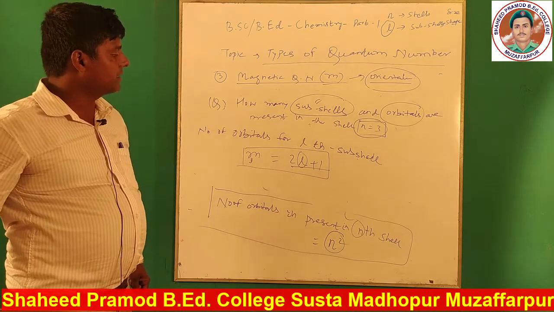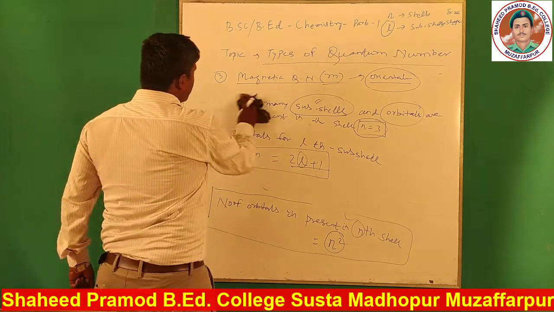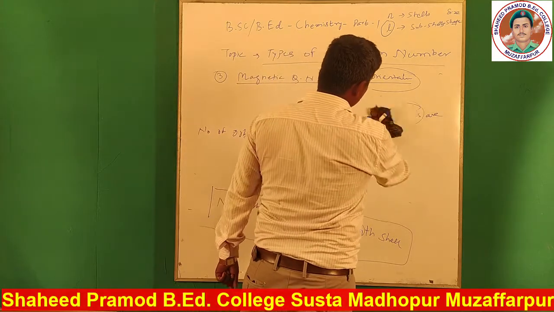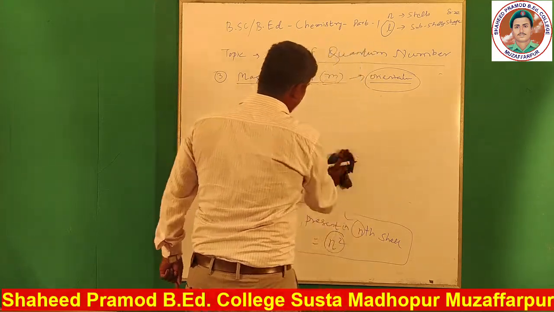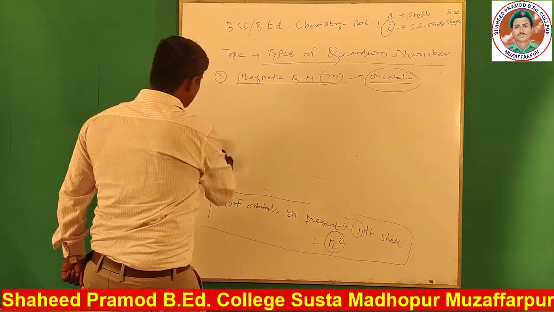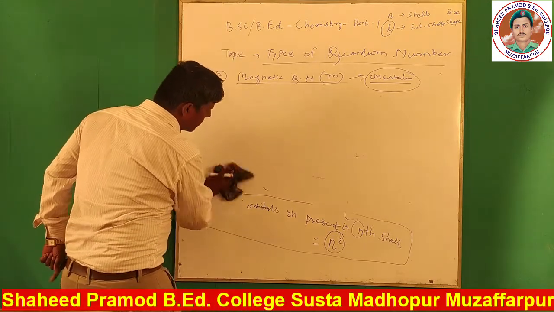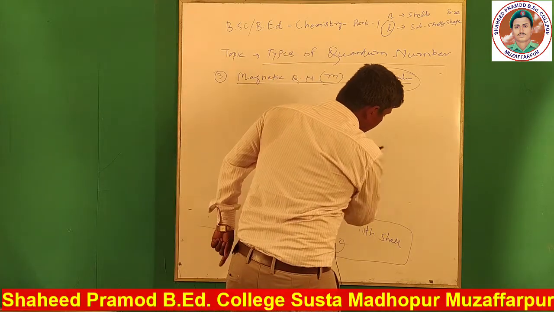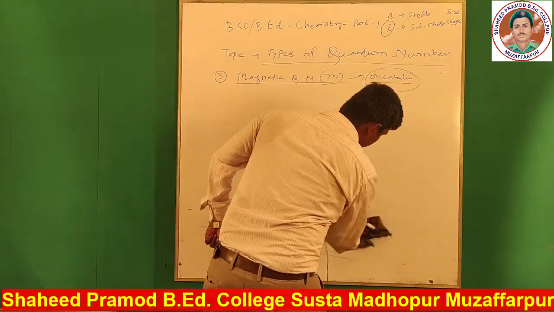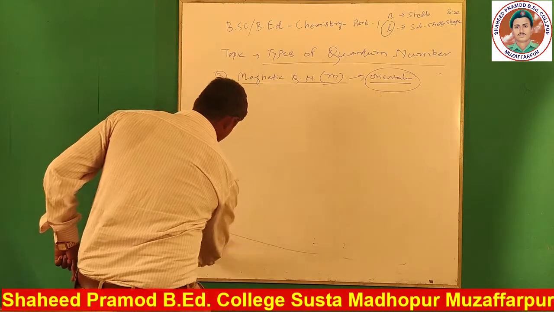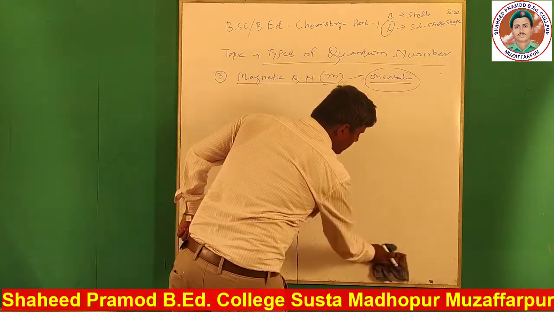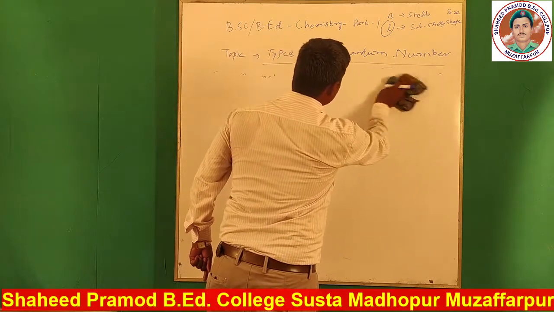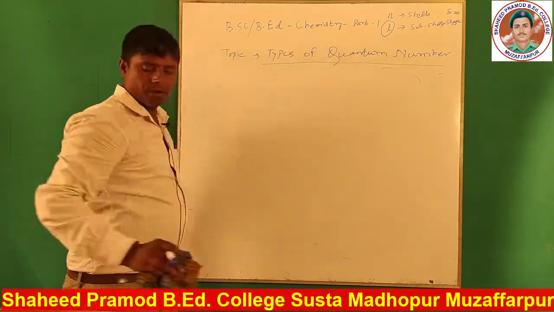So, you have to practice this, then only you will get the confidence to solve any type of questions, might be subjective or numerical. So, I think this magnetic quantum number is now very clear to all of you, and you can easily find out the number of orbitals present in particular subshells. Now, the last point we are going to discuss in today's lecture is the spin quantum number.